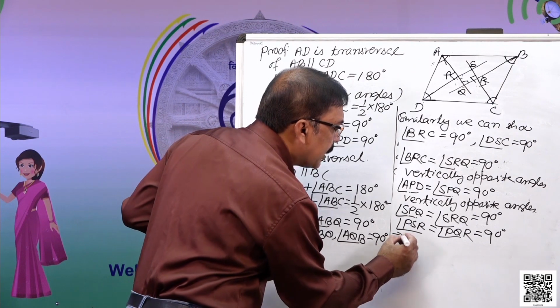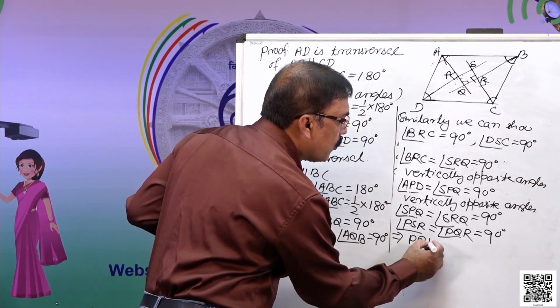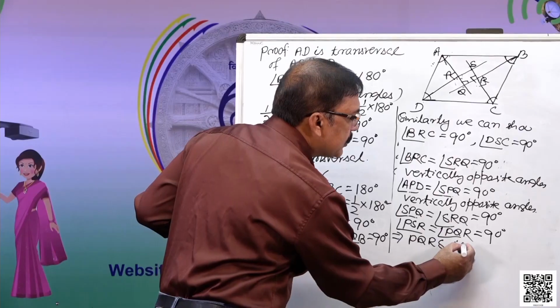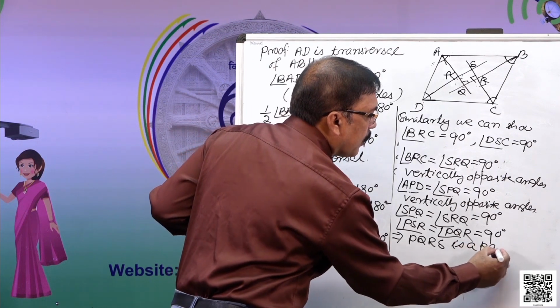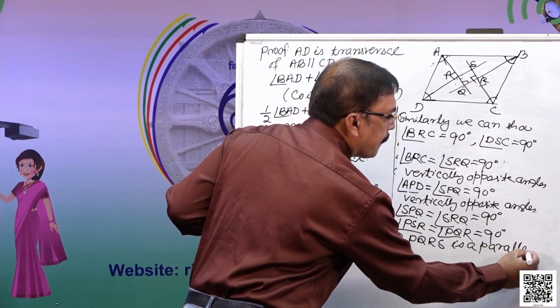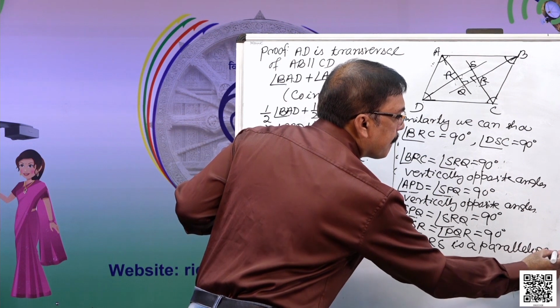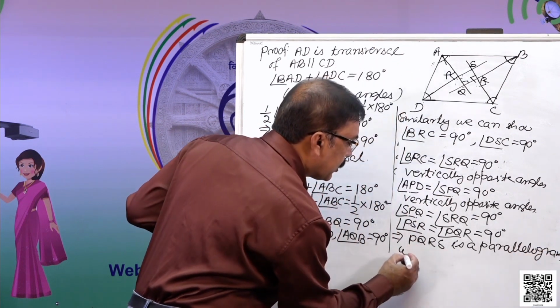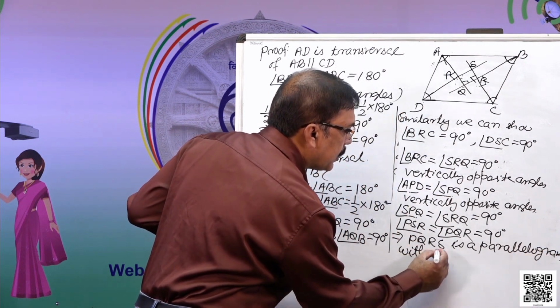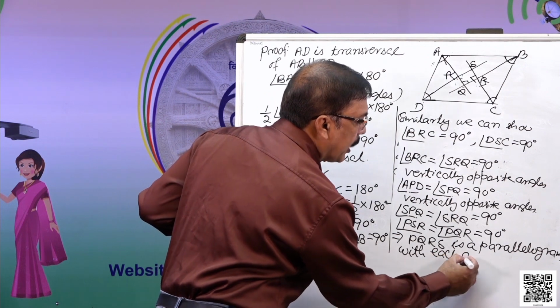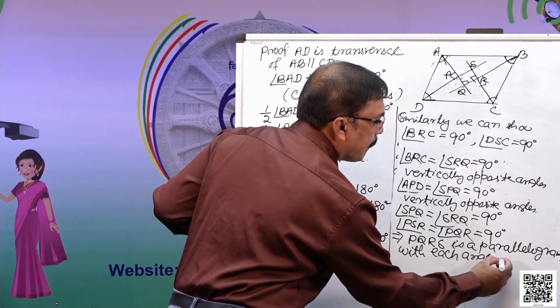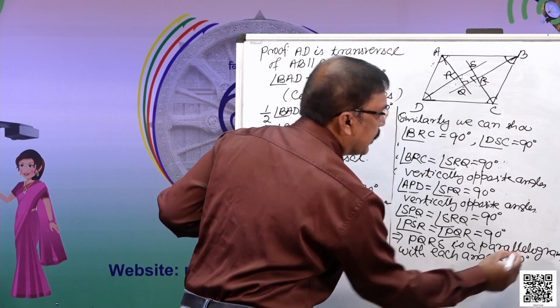So this implies PQRS is a parallelogram with each angle equal to 90 degrees.